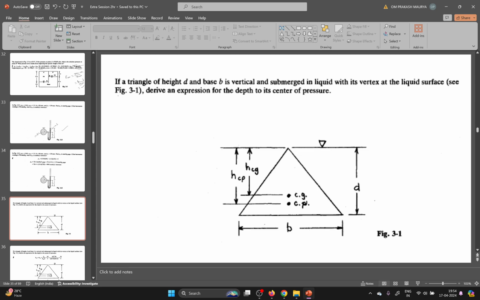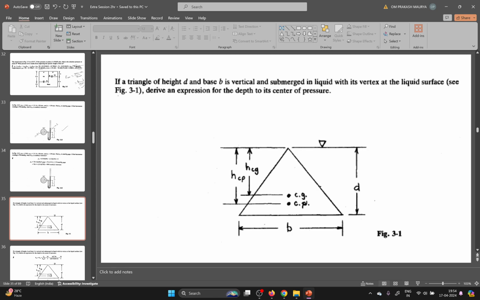Now this is also a very easy question. If a triangle of height D and base B is vertically submerged in liquid with its vertex at the liquid surface, derive an expression for the depth to its center of pressure.